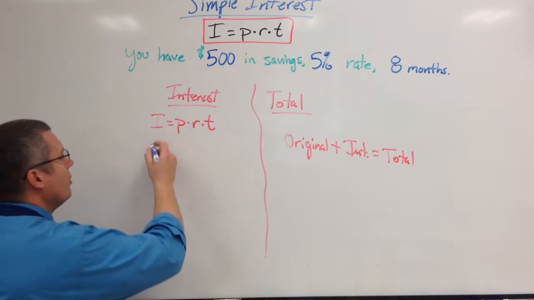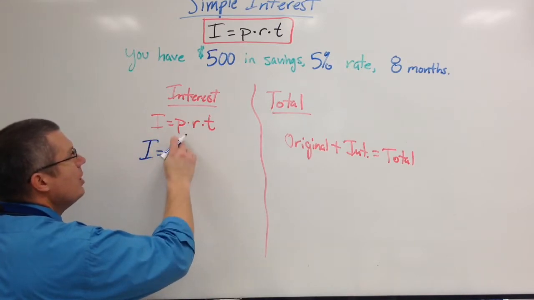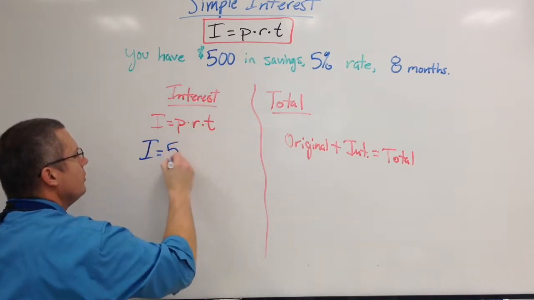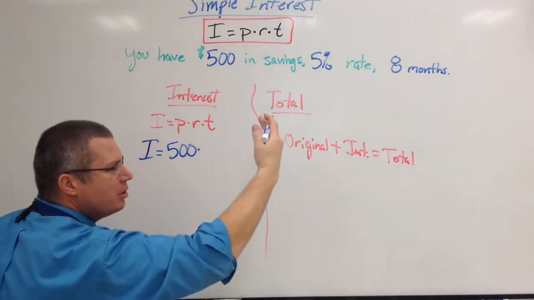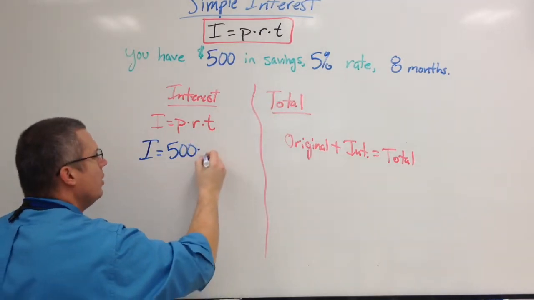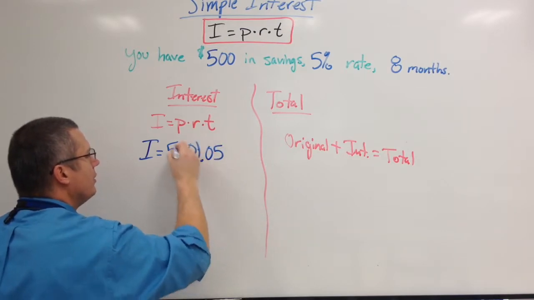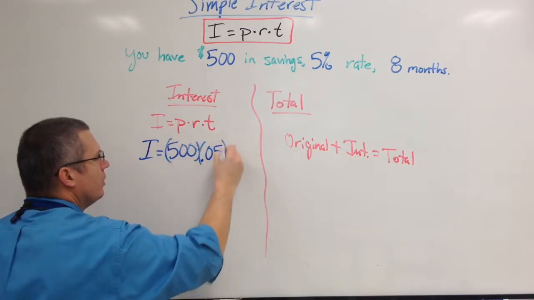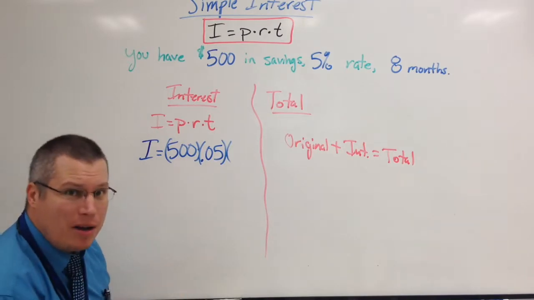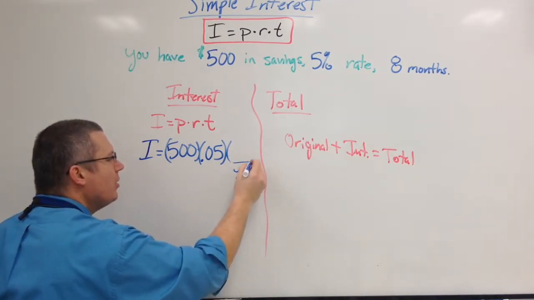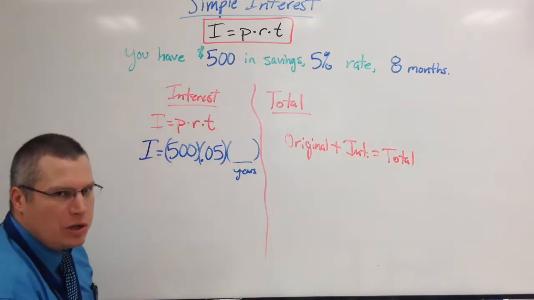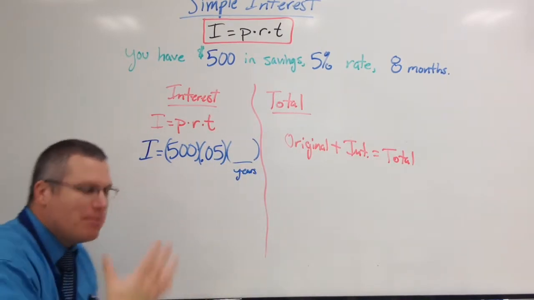So let's do interest first, no matter what. Interest equals principal, 500, times rate, 5% as a decimal, move my decimal left twice, 0.05, times 8 months. Remember, this needs to be in terms of years. So if you do a little thinking here, okay, 8 months.